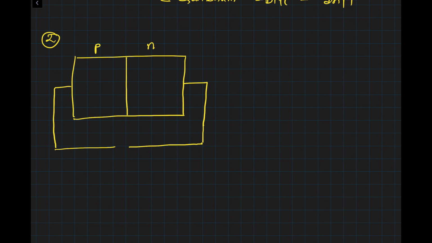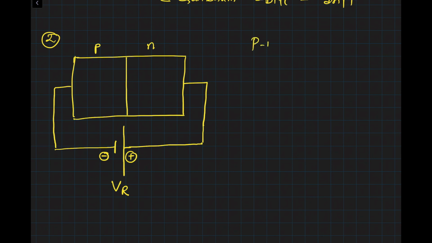I'm going to apply negative potential here and positive potential here. So this is the negative terminal of the battery, this is the positive terminal of the battery. Let's call this VR. So since we are applying negative potential to the positive node, or p-type material, we call this a reverse bias.